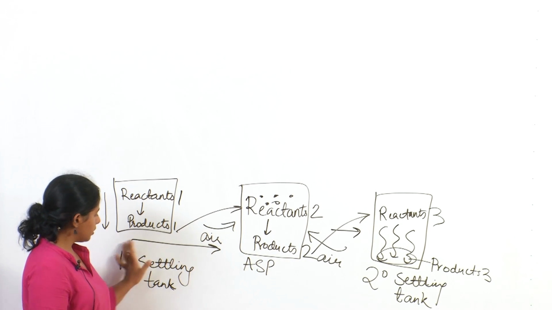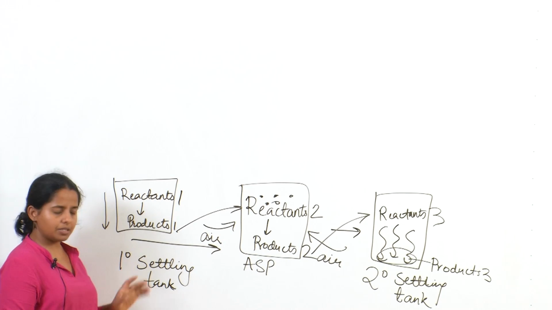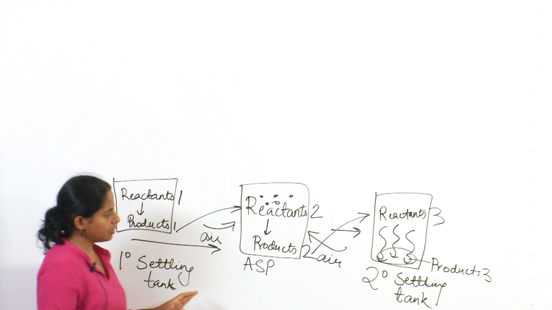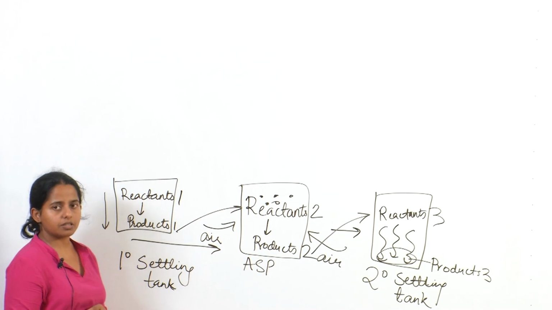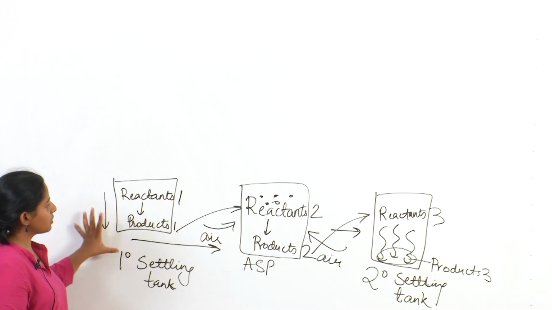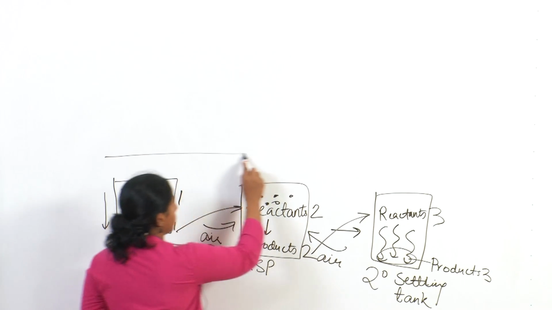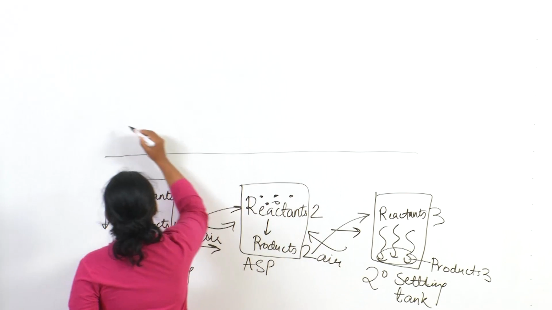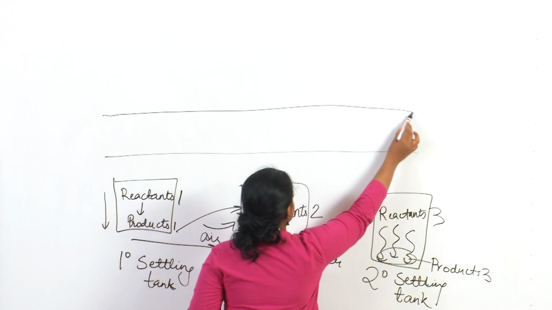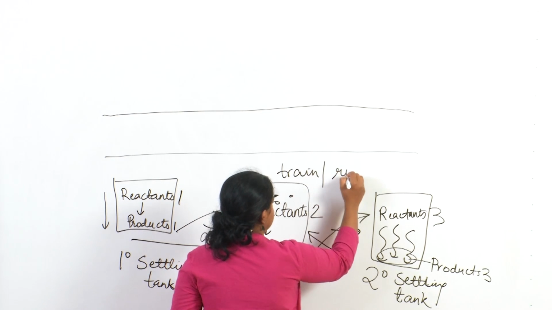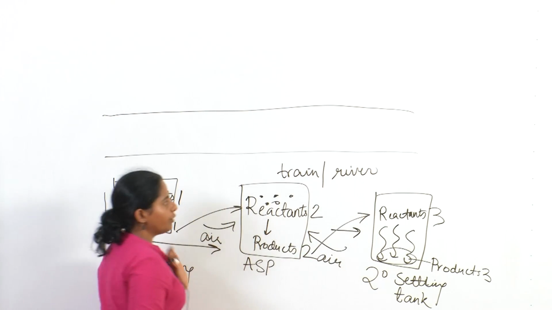So whatever material is present in the primary settling tank will not mix with the ASP material. ASP material will not mix with the secondary settling tank material, but they will travel together. So basically it is like a river, or like a train, and they are flowing together.